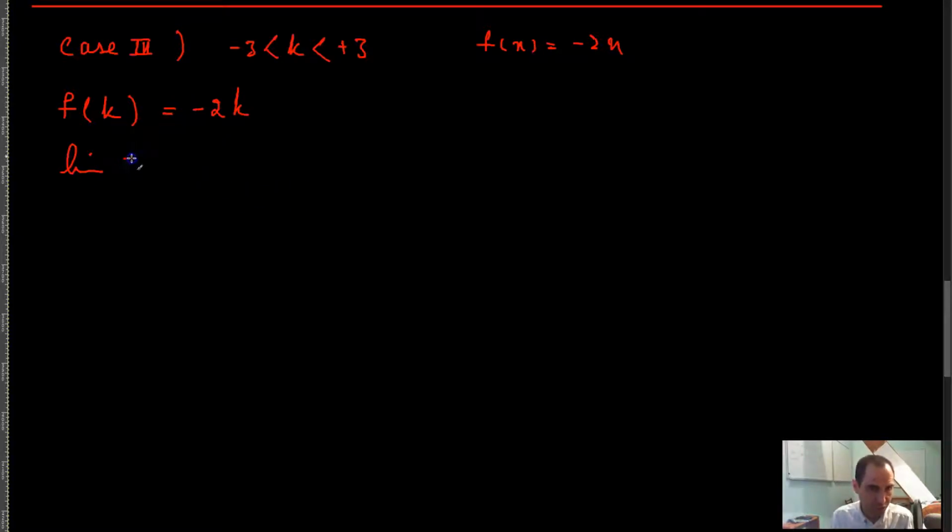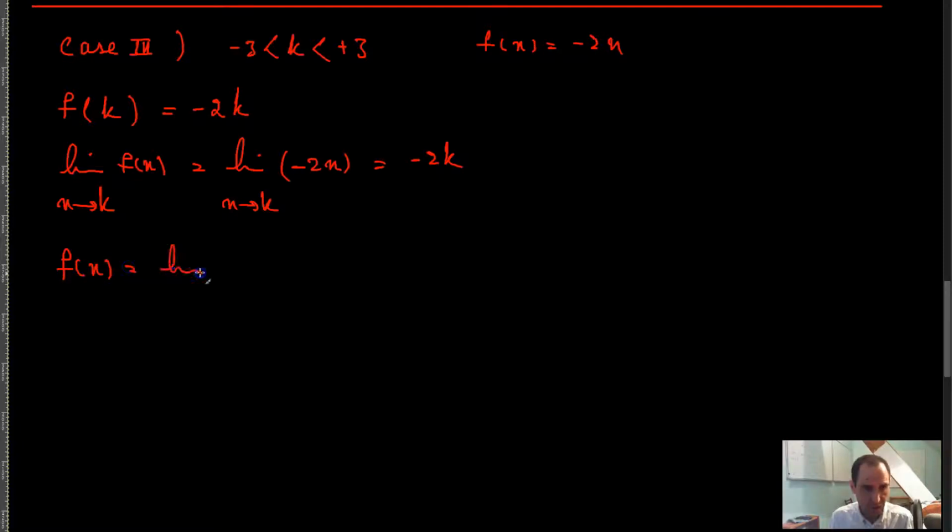So the limit of f of x as x tends to k would be equal to the limit of negative 2x as x tends to k, and that would be equal to negative 2k. And therefore the value of f of x is equal to the limit of f of x as x tends to k, which is equal to negative 2k.